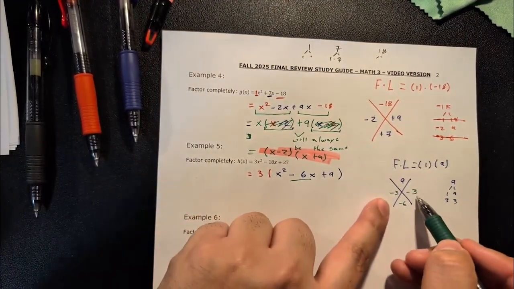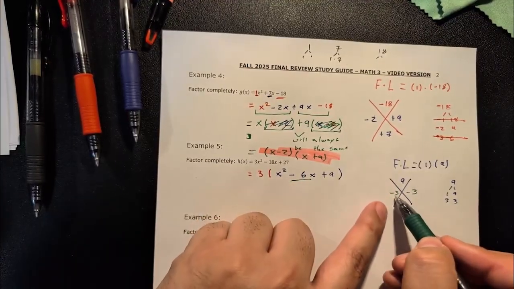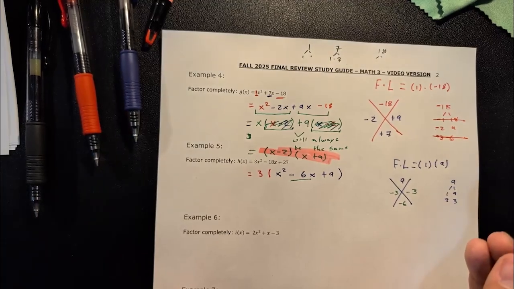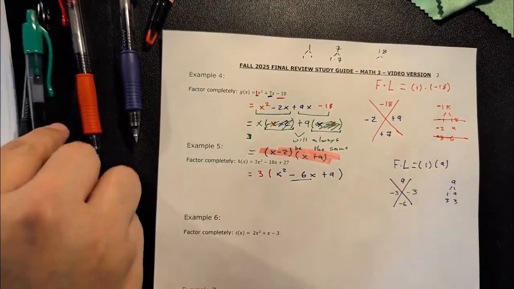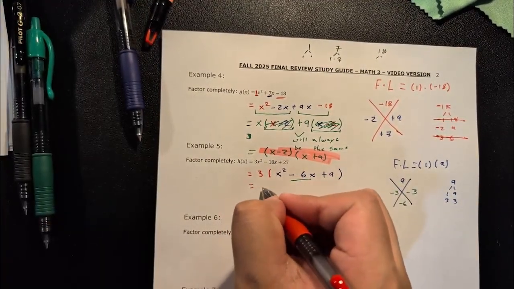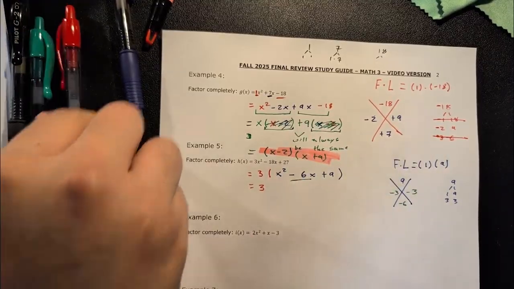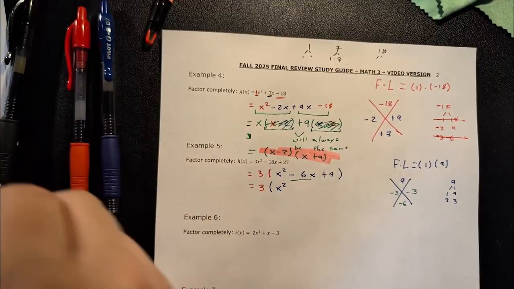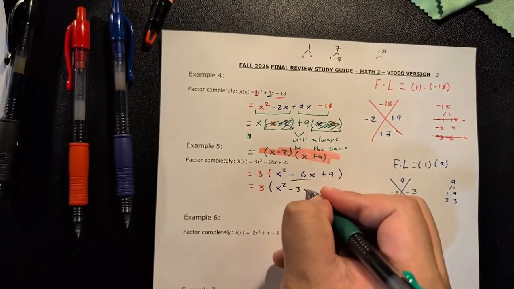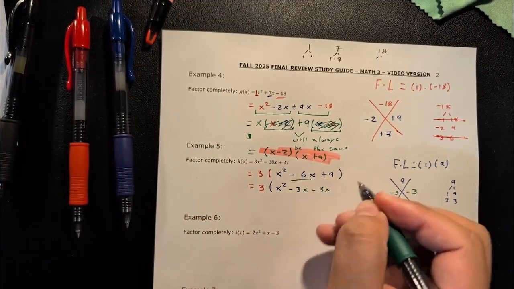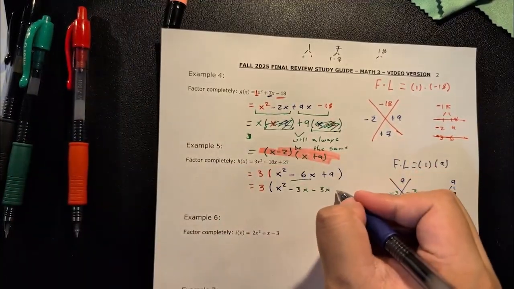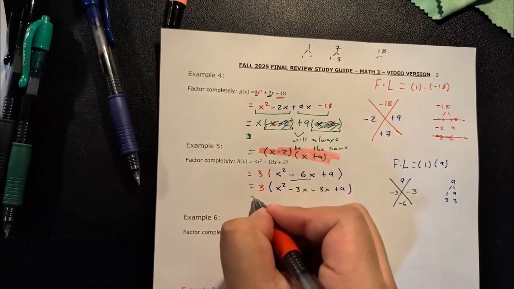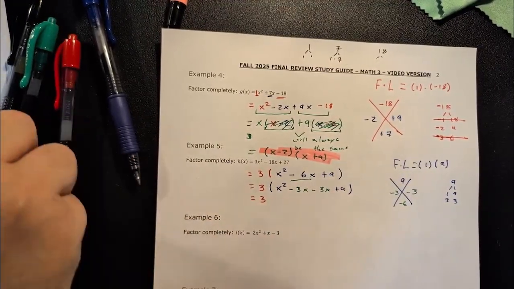Negative 3 times negative 3 is positive 9, negative times negative. And then if we add these two, we get negative 6. Okay, so then we can write this as 3, and then parentheses x squared minus 3x minus 3x plus 9.